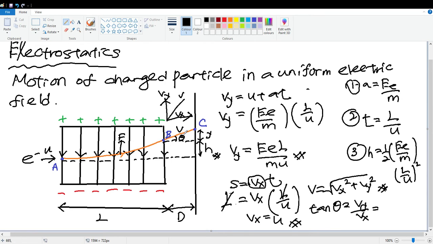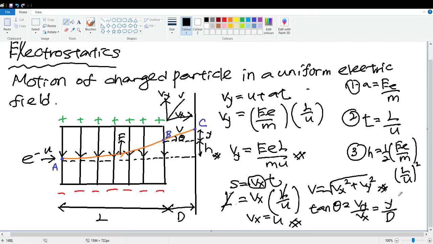Since this is the resultant velocity, this region from B to C is actually the resultant velocity. So we can see that the tangent is equal to the opposite divided by the adjacent. So what we have here is tan theta equals Vy over Vx.